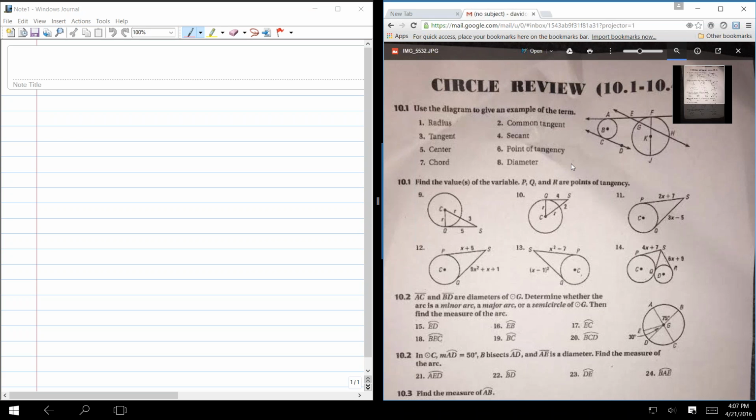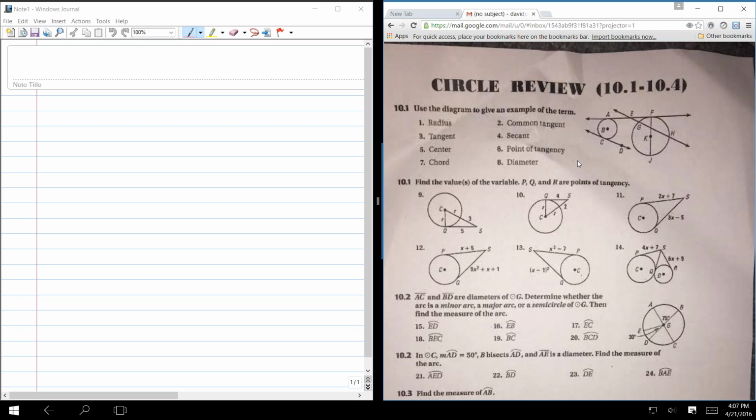Okay? A secant line. Would that be EH? Correct? A center? That'd be K. And a point of tangency.